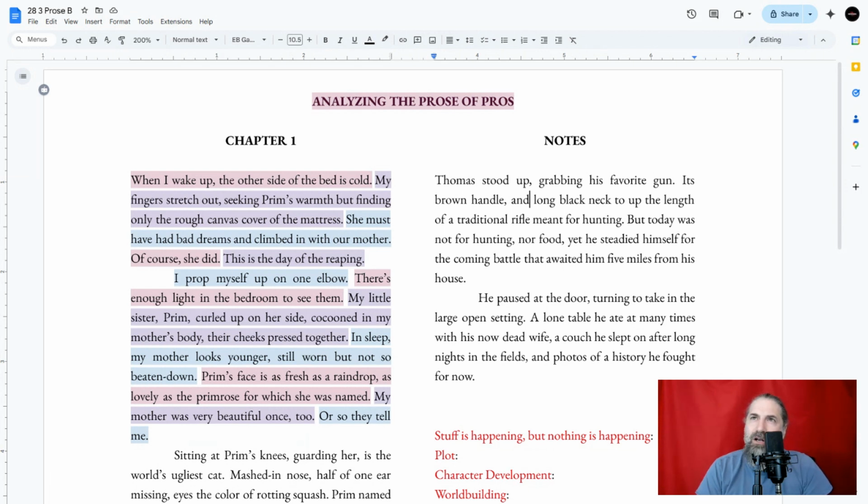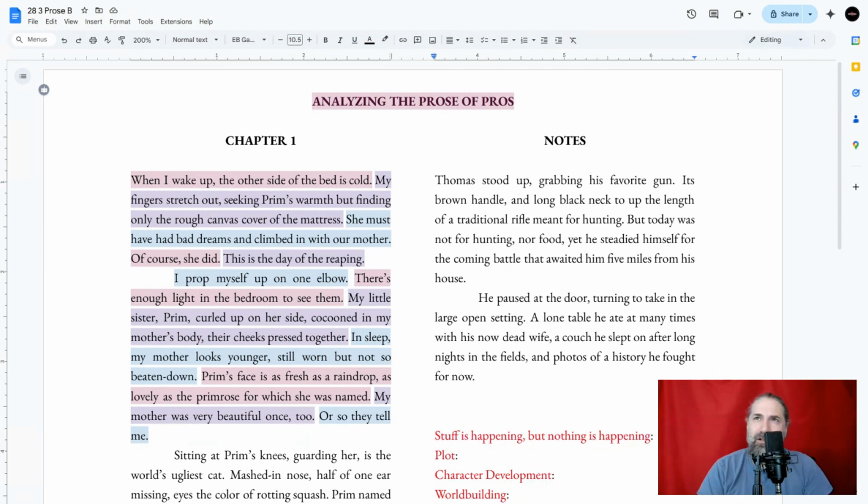Its brown handle, a long black neck, the length of a traditional rifle meant for hunting. So meant for hunting. Well, why is that? Now we have to discern why it was meant for hunting. Why is that important? Because it's a hunt, right? It's a traditional rifle. Why meant for hunting? Now you have to explain that.